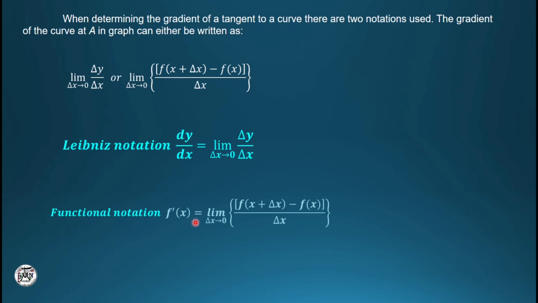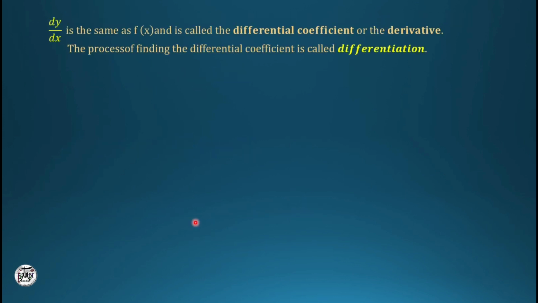Next, dy over dx is the same as f prime of x, and is called, take note class, the differential coefficient or the derivative. The process of finding the differential coefficient is called differentiation.